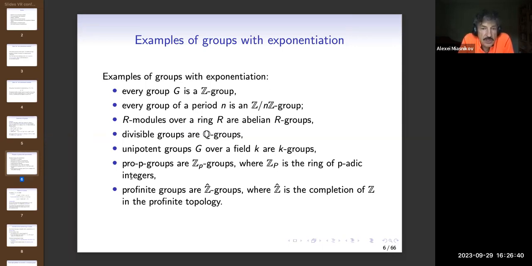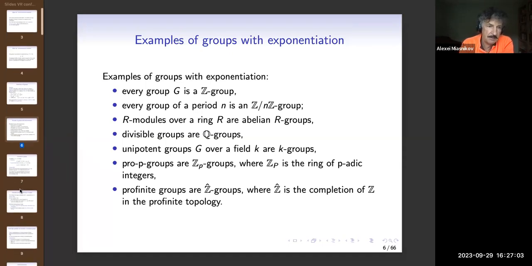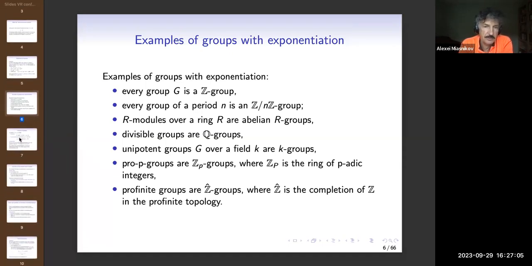Unipotent groups over a field K, say, or binomial domain, are K groups. Pro-p groups are Z_p groups, where Z_p is the ring of p-adic integers. Profinite groups are Z-hat groups, where Z-hat is the profinite completion of Z. So there are a lot of groups which become R groups for a suitable ring R.